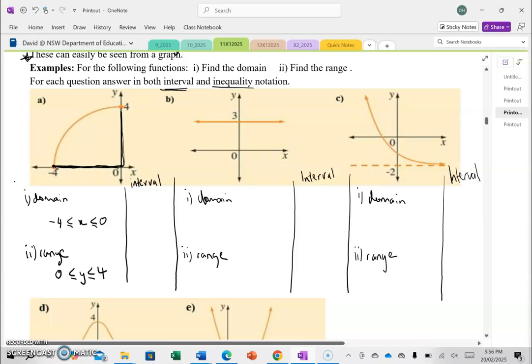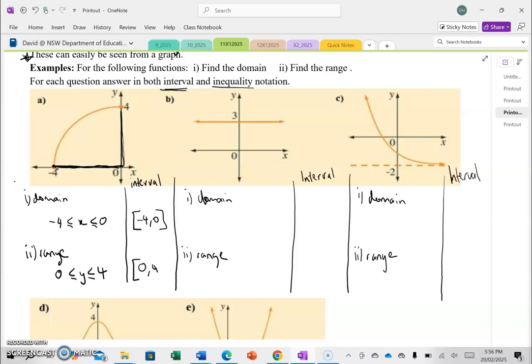Now in interval notation you would write this as the domain is -4, 0, and because it's equal to, close bracket, 0 to 4 because it's equal to, close bracket, close bracket. Sometimes some people add, for interval notation, that they note the domain of the x's, so they write x and then they put this little symbol, which means it's an element of, and they would do that for y as well. But there's nothing in here that suggests that you're talking about x's or y's.